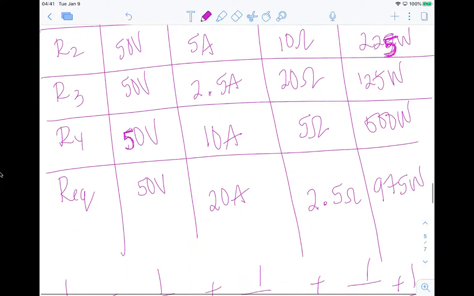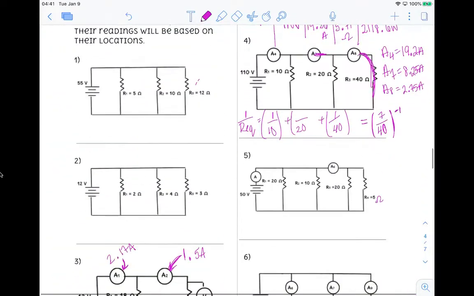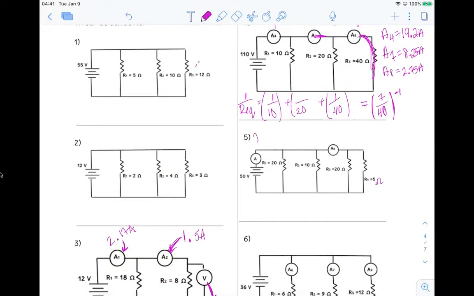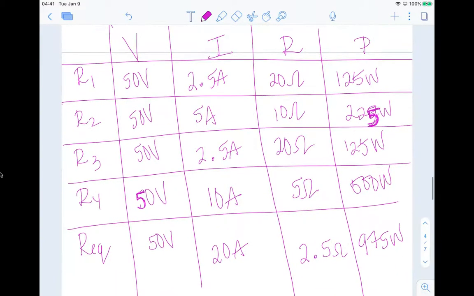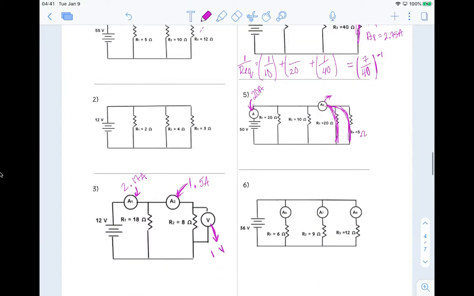And our total current we found to be 20 amperes. This ammeter right over here only is able to read this 20 ohms and this 5 ohms. Remember, we can't work backwards. So we have to look to see, well, what did 20 ohms and what did 5 ohms both measure? Together, they measured 12.5 amperes.